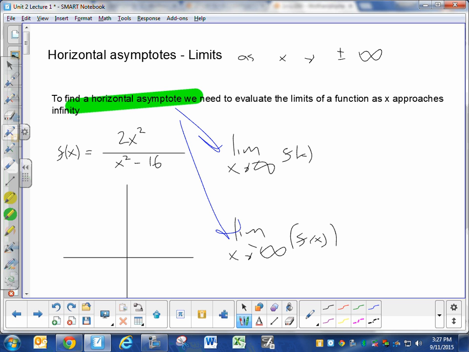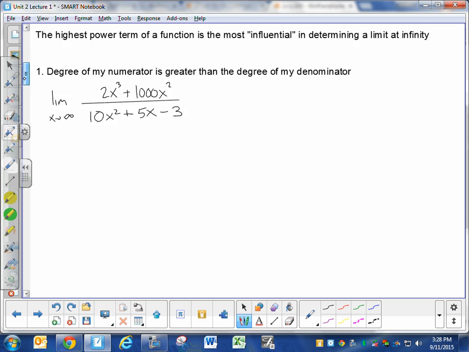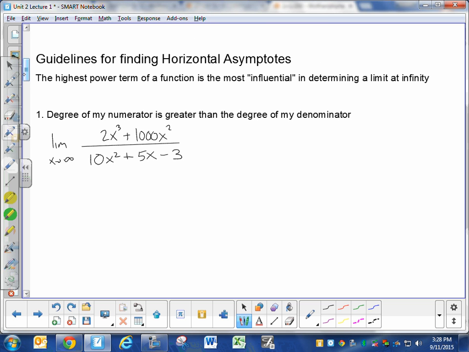Now, how do we do this? Well, we're going to learn. Pretty much I'm just going to give you random limit as x approaches infinity questions. But you need to think of those as, hey, we're finding the horizontal asymptotes for this function. There are guidelines for these.